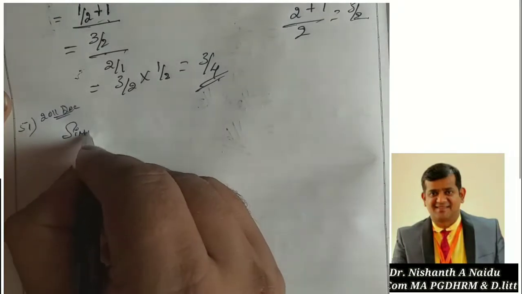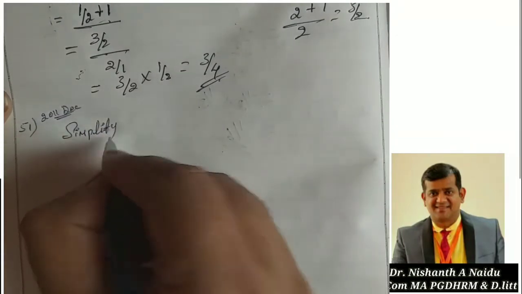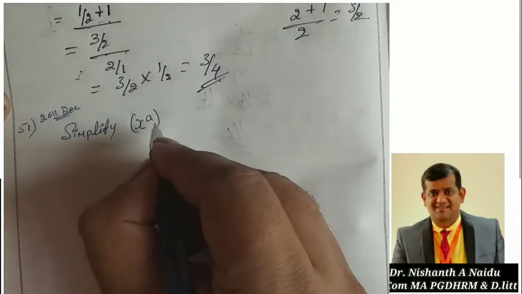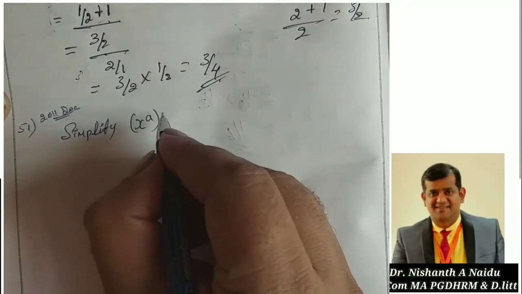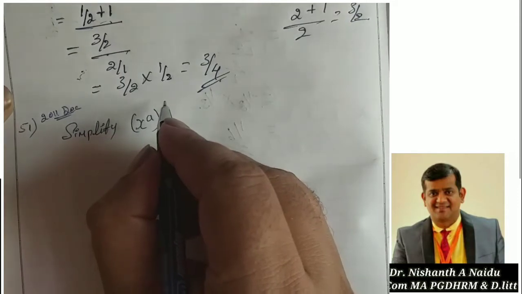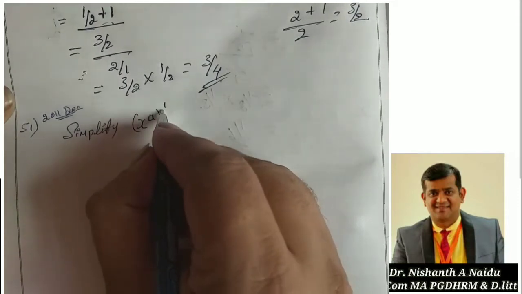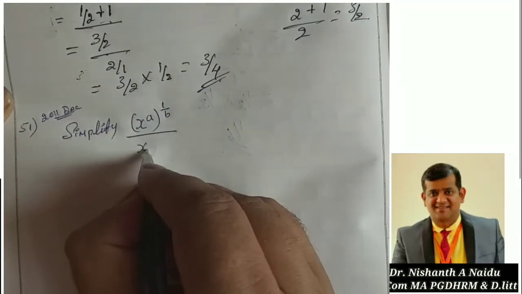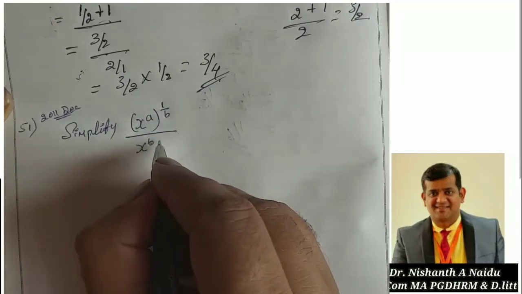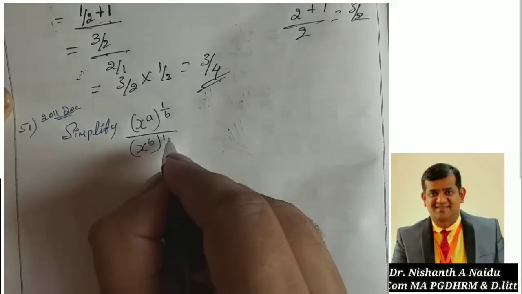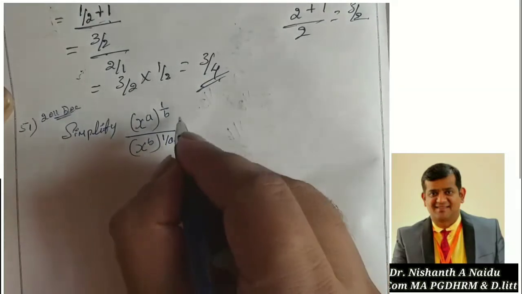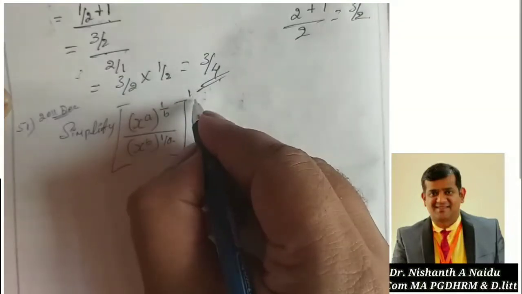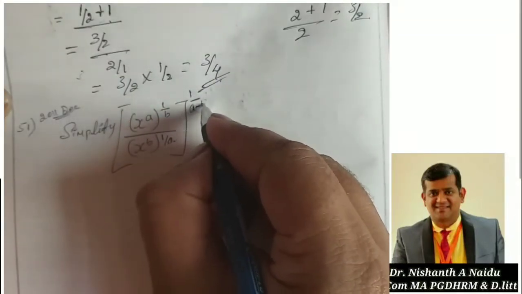Simplify (x^a)^(1/b) divided by (x^b)^(1/a), the whole raised to the power 1/(a minus b).